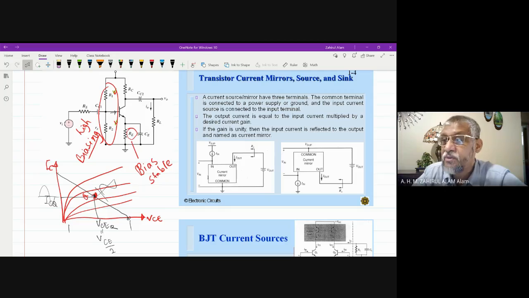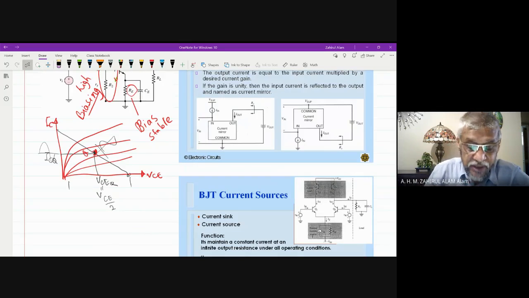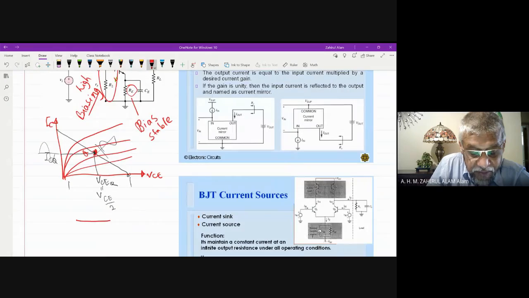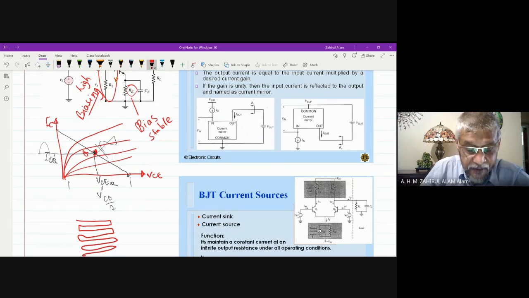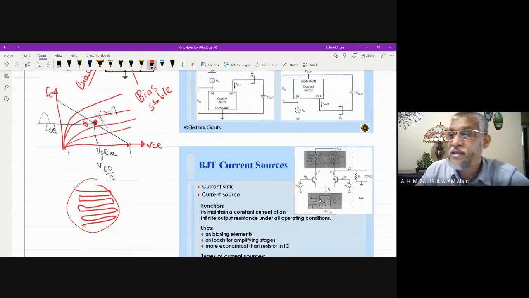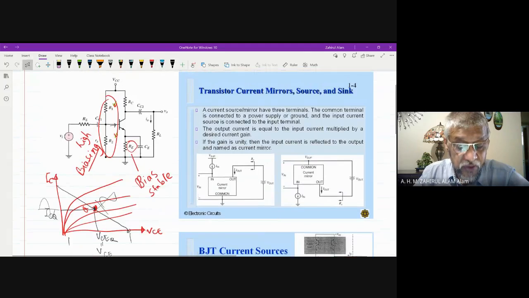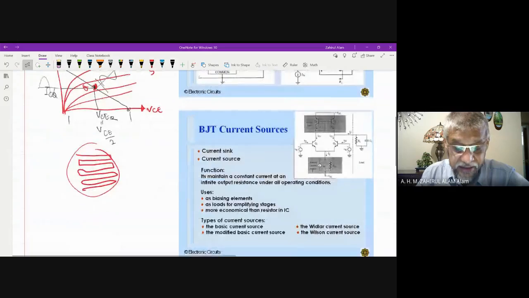So if we need to build an integrated circuit with very large resistance, it requires a large area, because we need to draw what we call a polysilicon line, and if we need to increase the resistance, then we need to increase the size. Therefore, it is not feasible to use normal discrete resistances of huge value in an integrated circuit.